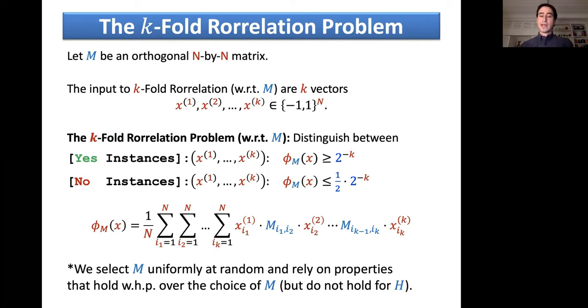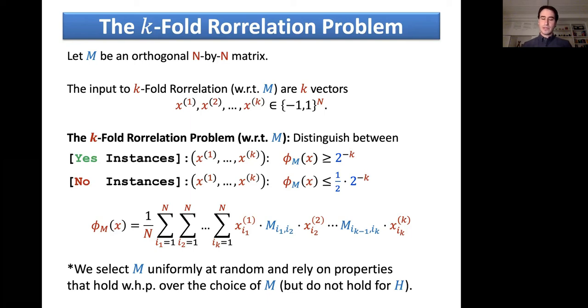Again, phi of M of x is the same thing that we've seen in the last slide, where I just replaced the Hadamard matrix with the matrix M. And similarly, the same algorithm that solves Forrelation can solve Rorrelation, where we just replace the Hadamard transform between every two queries with the matrix M.